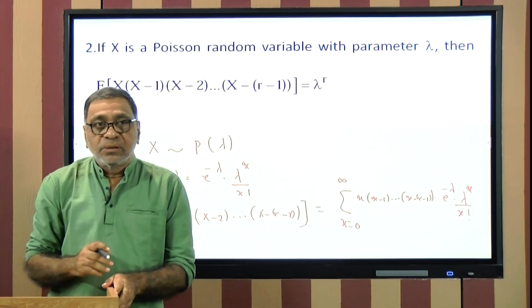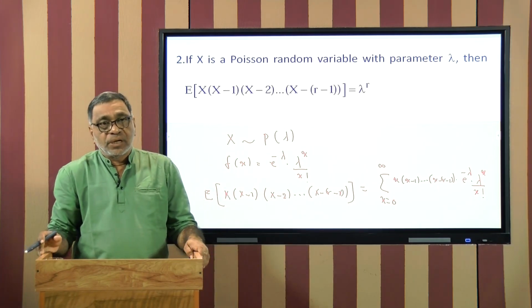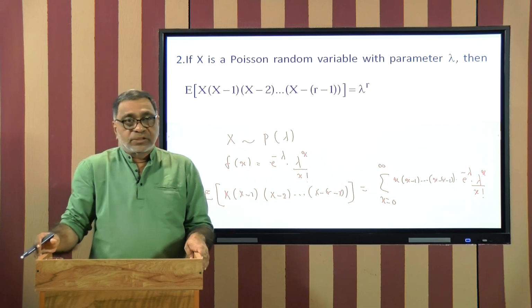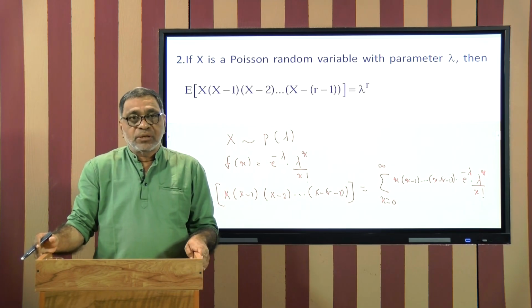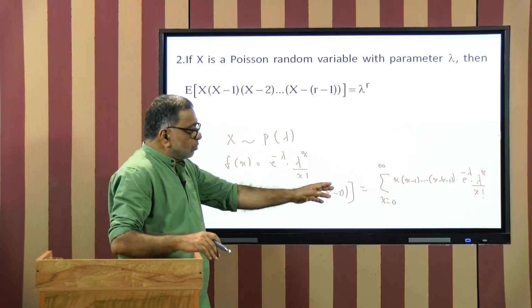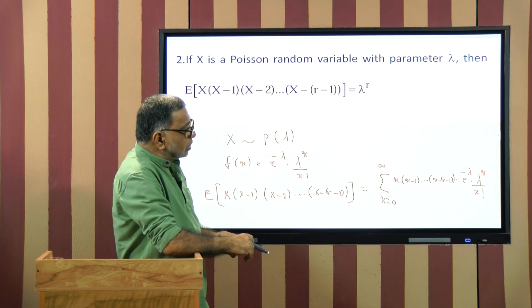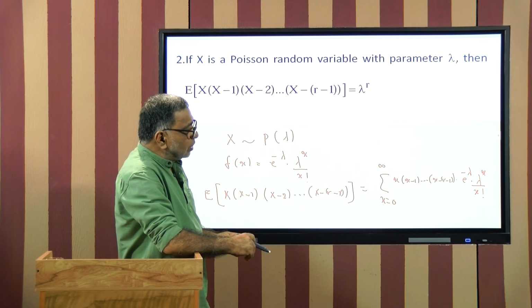So, look, this is the expression of factorial moments. Suppose we are finding the rth factorial moment, x(x-1)(x-2), etc. up to (x-r+1), that is equal to sigma x = 0 to infinity x(x-1), etc. up to (x-r+1) e^(-λ) λ^x divided by x factorial.